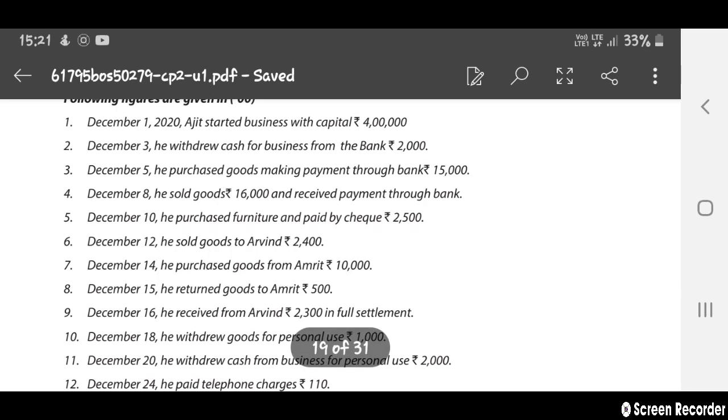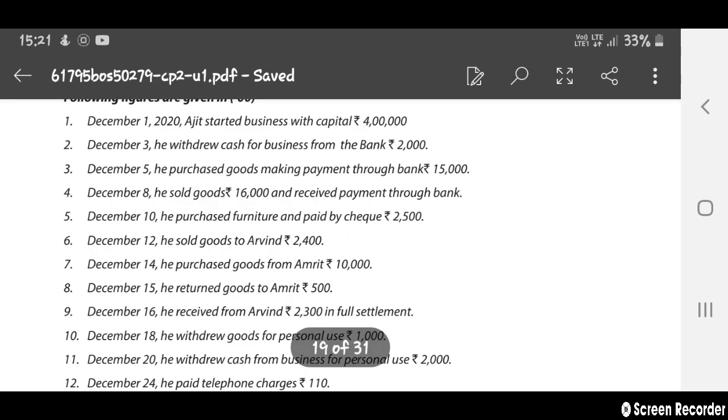Next, on December 5, he purchased some goods by making payment through the bank, an online payment, and took the goods he needed for rupees 15,000.